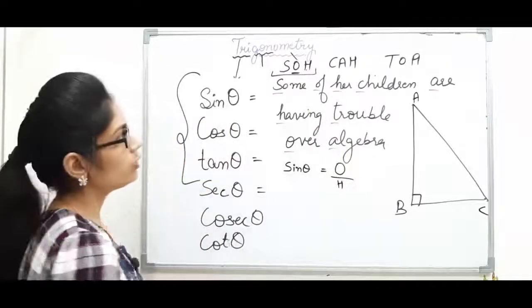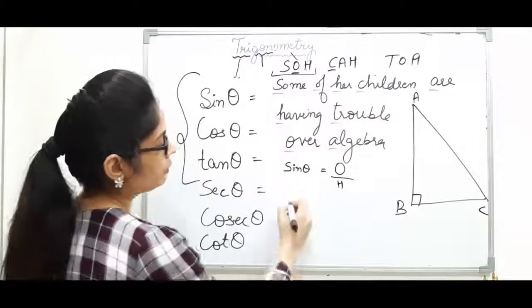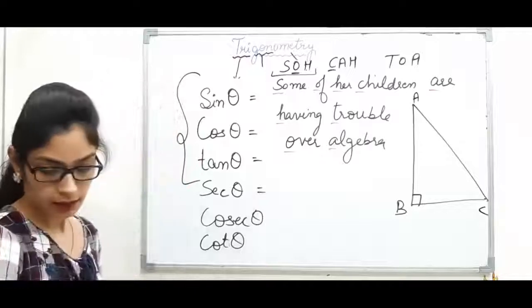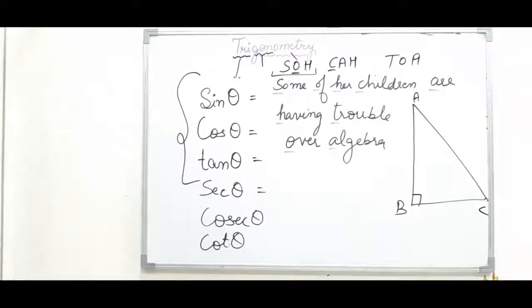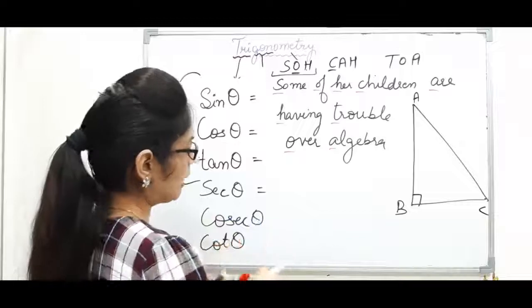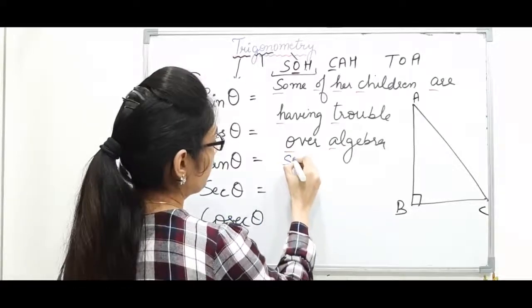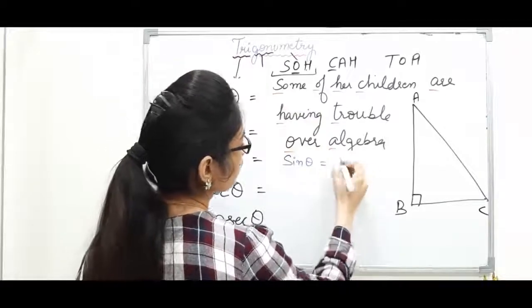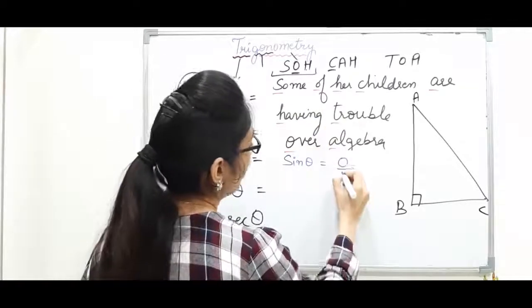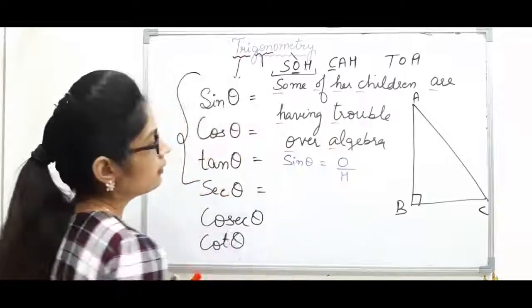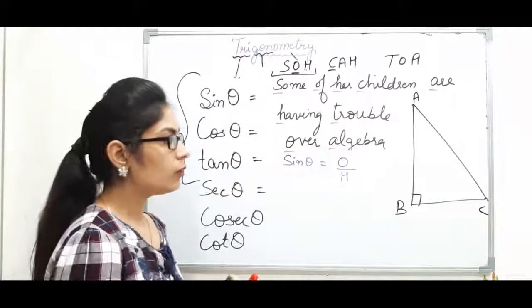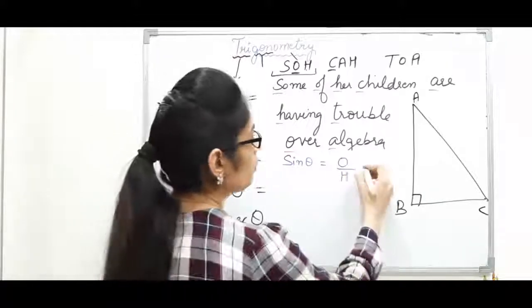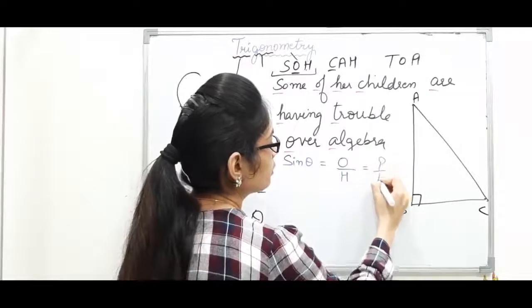So O by H. Opposite, I have already explained, is the perpendicular. So you can write it as P by H.